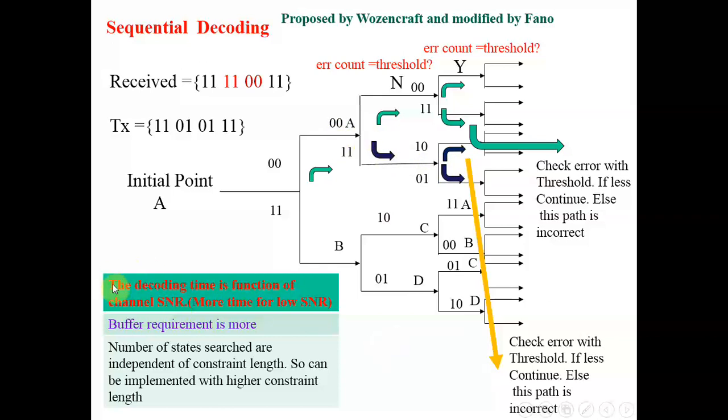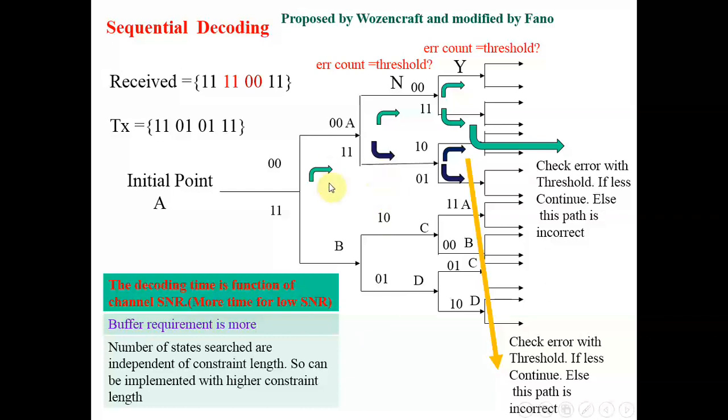So if you see this, the decoding time is a function of channel SNR. What is the meaning of channel SNR? More time for low SNR. If the code word is coming via a channel and the channel has low SNR, that means the signal to noise ratio is less, then there is more possibility of getting more bits in error.